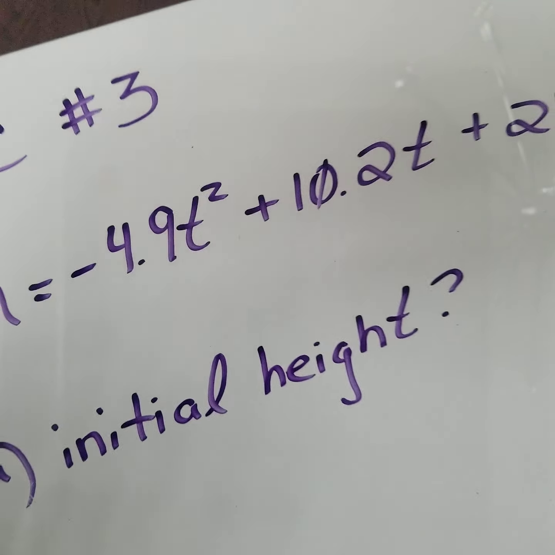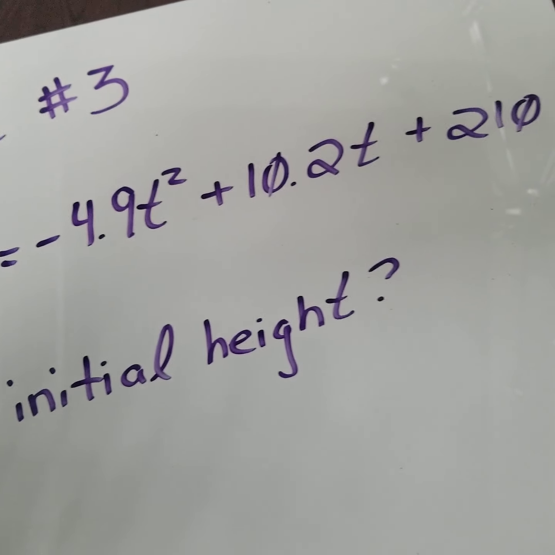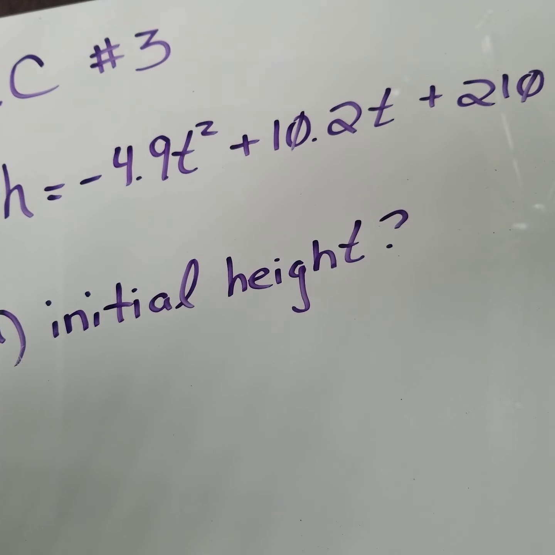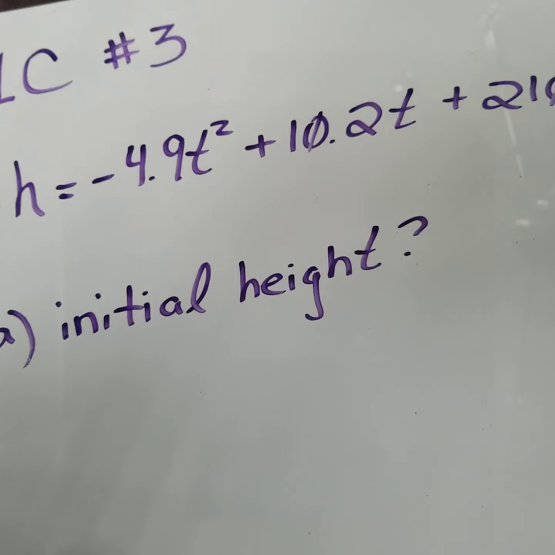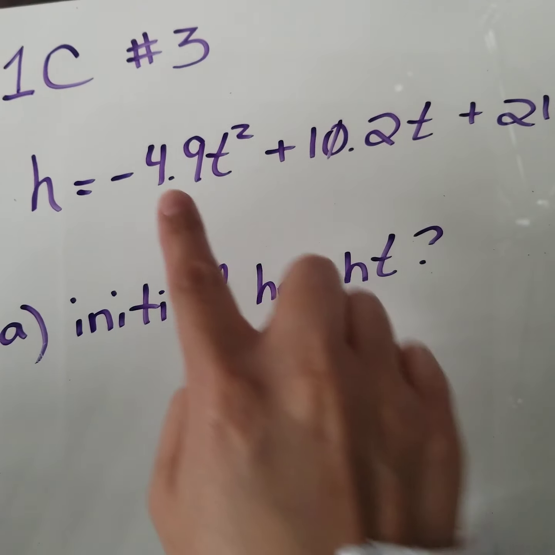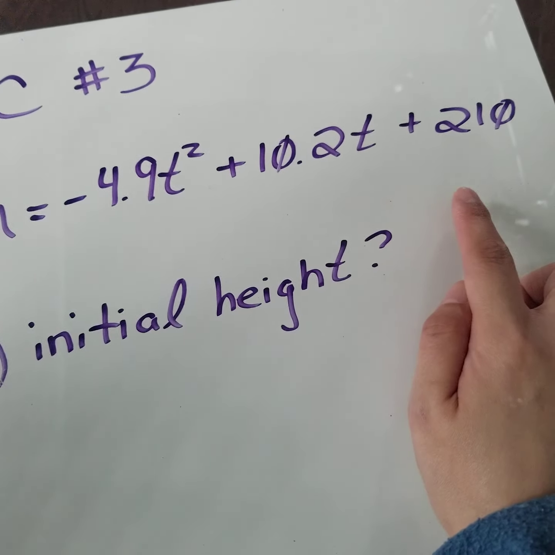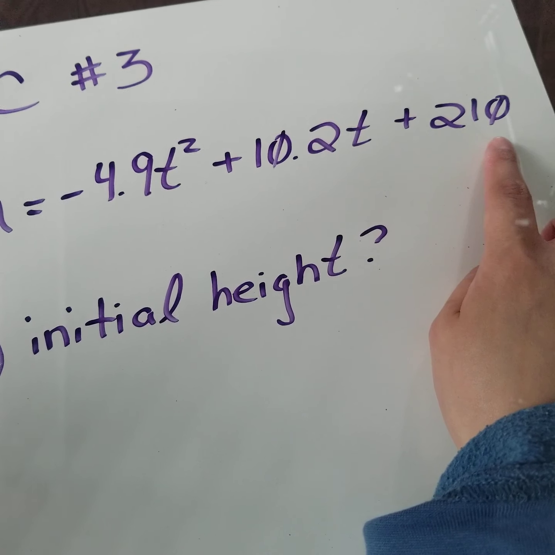So when they're asking for the initial height of where this rock is supposed to be, if we were to draw a picture, we know that this parabola would be opening down just because your a value here is negative. And if you remember that if it's in standard form, this would give us the y-intercept.